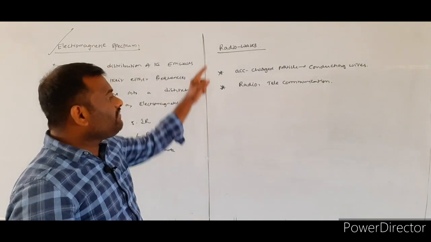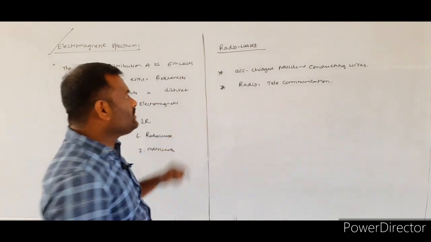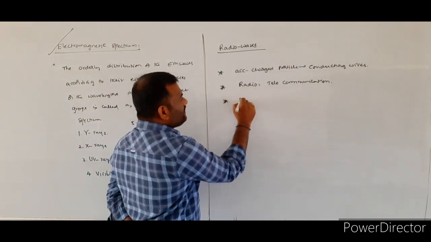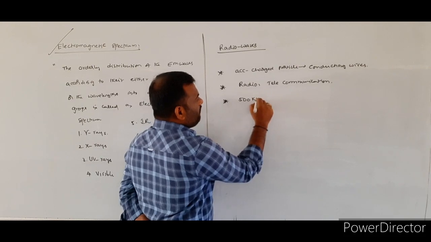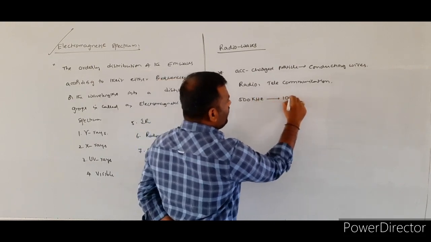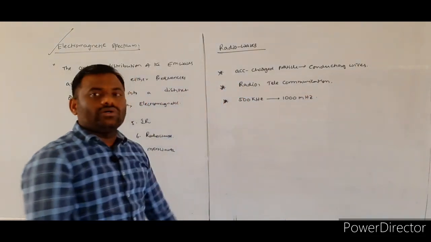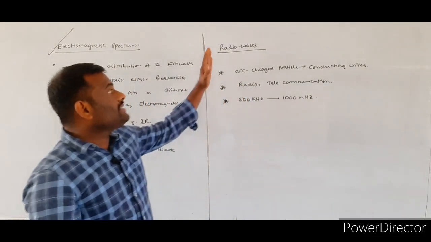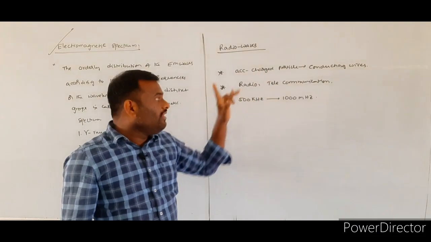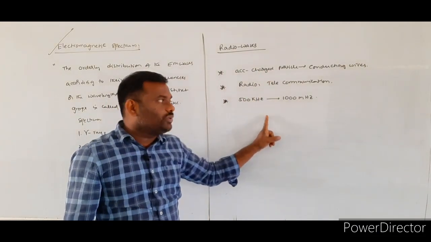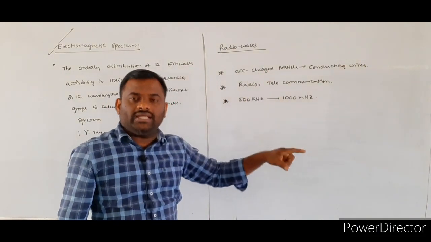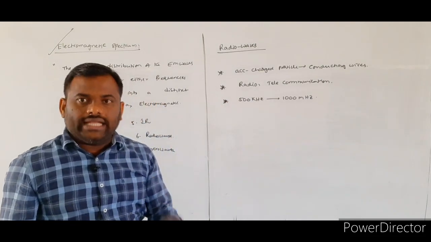And what is the frequency range of the radio waves? The frequency range of the radio waves is from 500 kilohertz to 1000 megahertz.